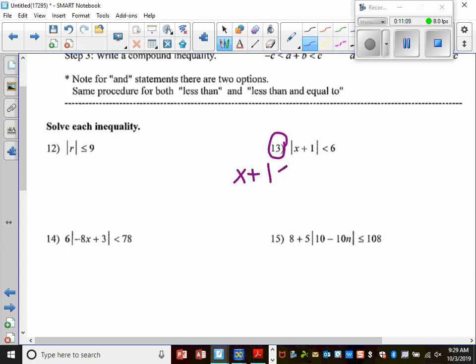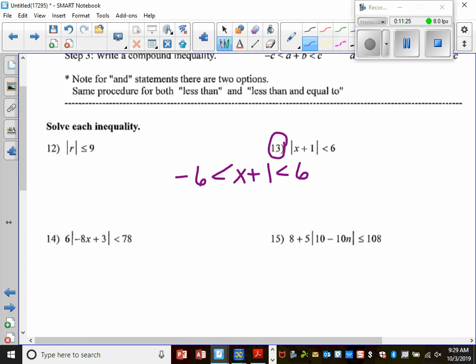And then I'm going to put my less than symbol here. And then I'm going to put a less than and put -6 over here. So that is how I would write this compound inequality without using the word and.